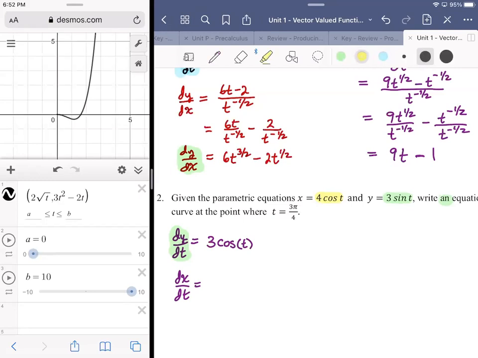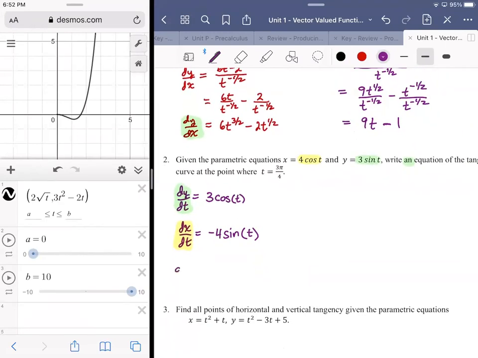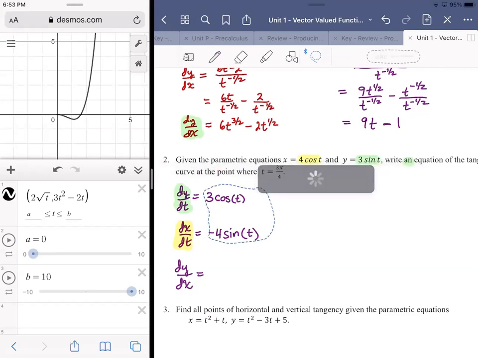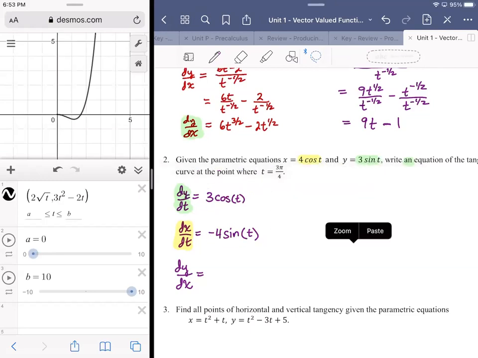All right, the derivative of cosine is negative sine, so negative 4 sine of t. All right, now when we come up with the dy/dx here, we know that it's going to be the ratio of those two values, or those two expressions. It's just a question of what you want to do with that.